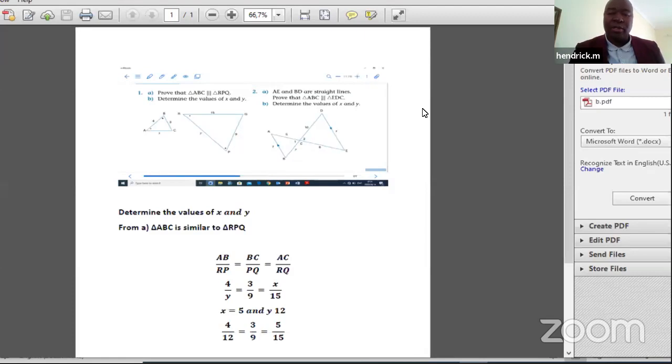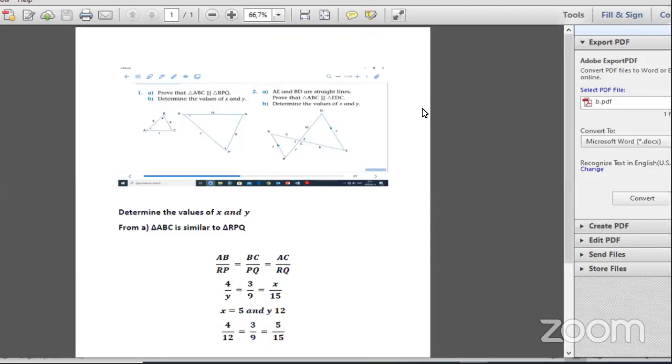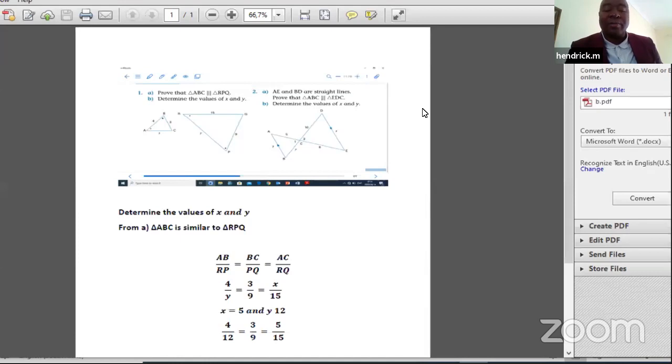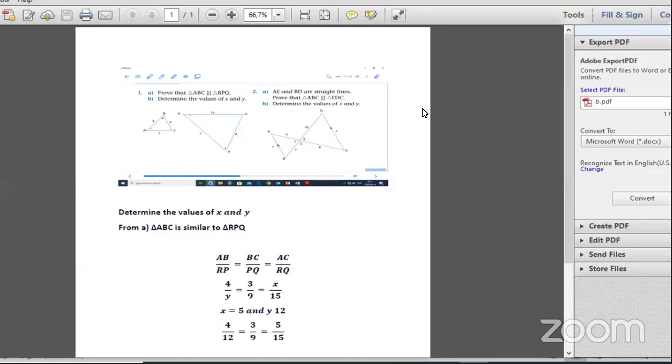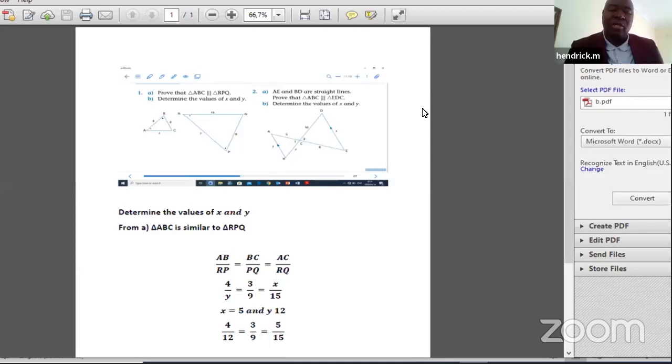In the same note, AC over RQ. Then, of course, AB is 4, so you substitute AB with 4, that is given. Then RP is 1, so you substitute that with 1. And this is equal to 3 over 9, because BC is 3, PQ is 9. And then AC is X, as you can see in the diagram, and RQ is 50.